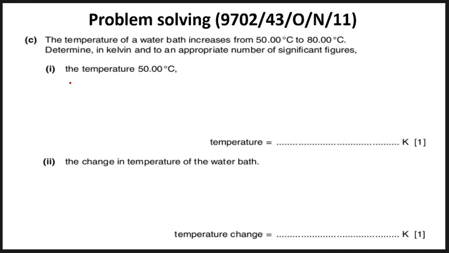So applying that formula I gave, the formula that relates Kelvin and the Celsius together, I will just say capital T, which is in Kelvin, equals small t plus 273.15.